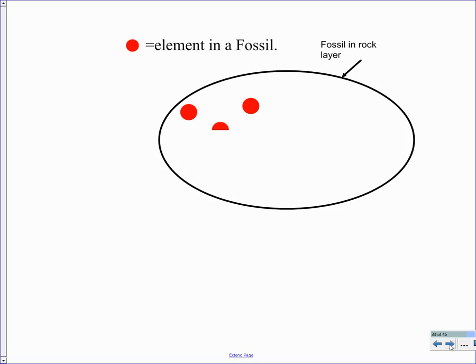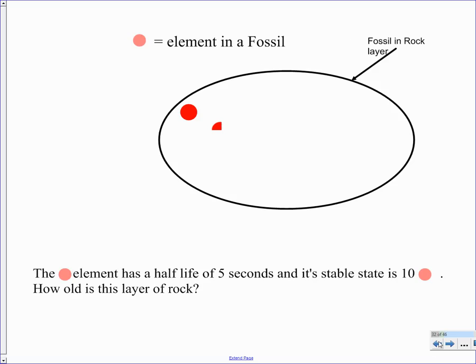So in 5 seconds, I have half of mine back. So far, this element is how old? I'm going back 5 seconds. So I know that 5 seconds has occurred, because what I had was this. I'm trying to see how old this is, but in order for me to see that, I've got to go back in time to see how much I'm going to have all of mine stable.